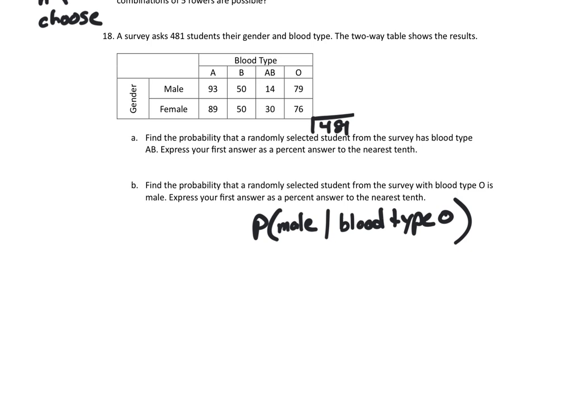We're only looking at the people that are blood type O. That's our big group. Rather than using all 481 people, we're only using the people that have blood type O.